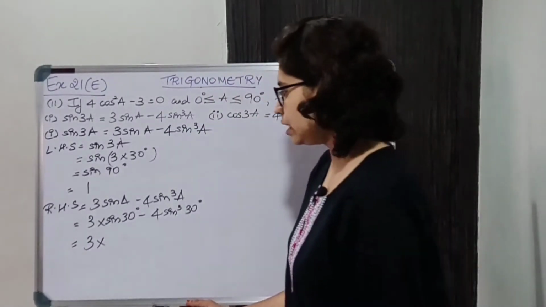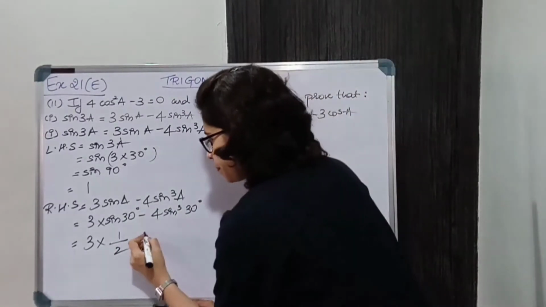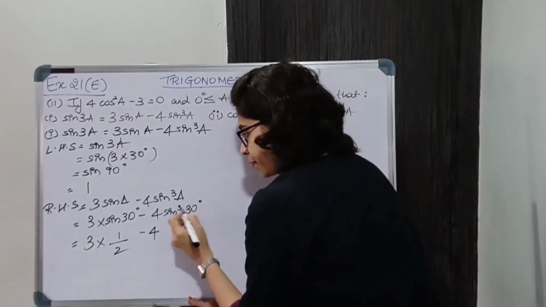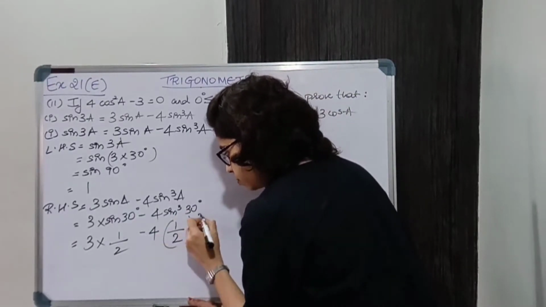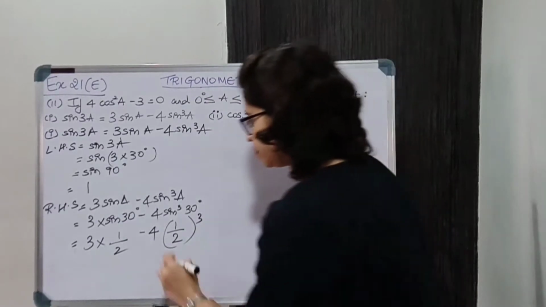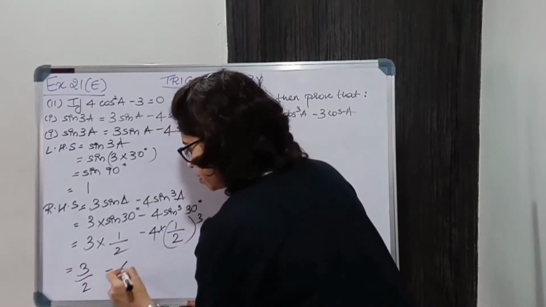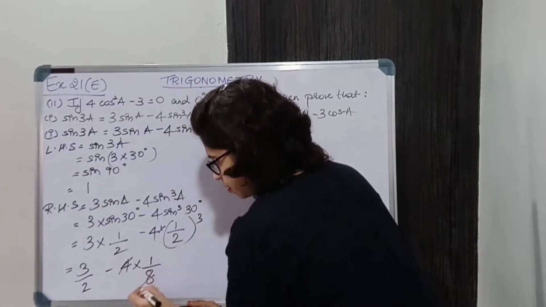Now sin 30 is 1 upon 2. Okay, minus 4, you have to check the table for that. Sin cube of 30 means cube of sin 30. This will become 3 upon 2 minus 4 into 1 cube gives 1 and 2 cube gives 8. 4 2s are 8.